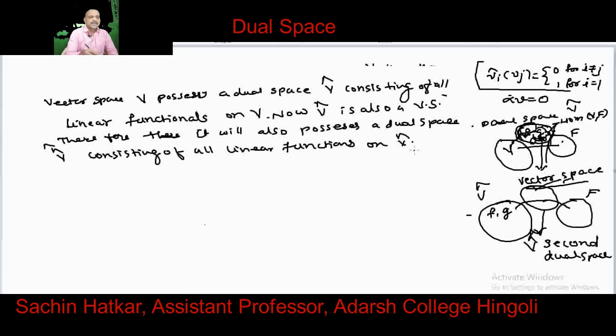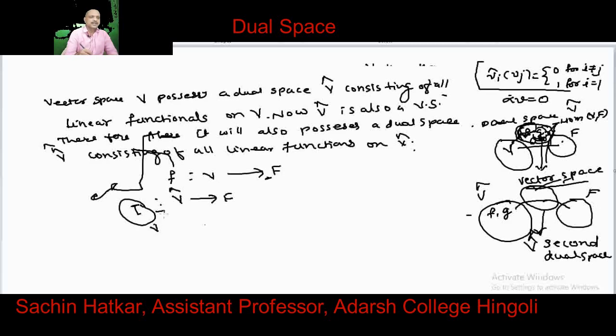Okay, that means if we have these mappings, suppose F from vector space V into F, then this vector space forms V cap, and we define V cap to F, these mappings, then this set forms a second dual space.